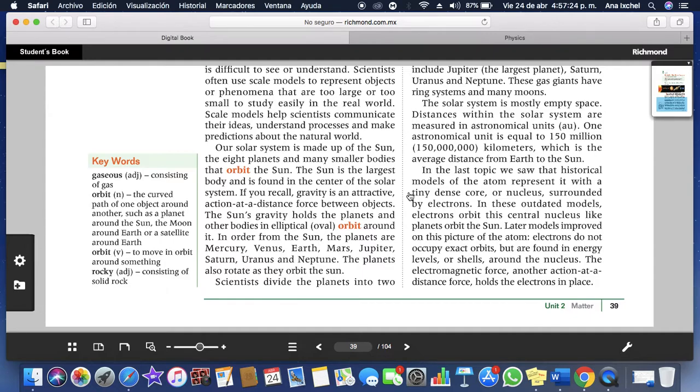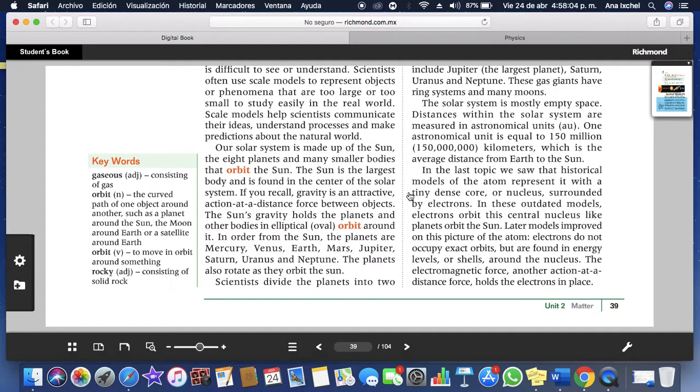If you recall, gravity is an attractive action at a distance between objects, and the sun's gravity holds the planets and other bodies in elliptical, that is oval, orbits around it. The planets are Mercury, Venus, Earth, Mars, Jupiter, Saturn, Uranus, and Neptune. The planets also rotate as they orbit the sun.